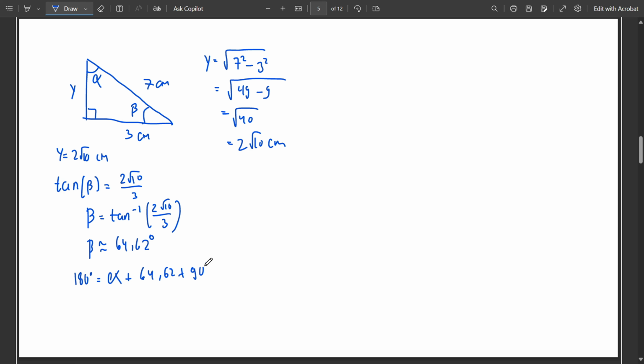So we have alpha plus 64.62 plus 90, which is 154.62 degrees. 180 minus 154.62, we have 25.38 is equal to our alpha.